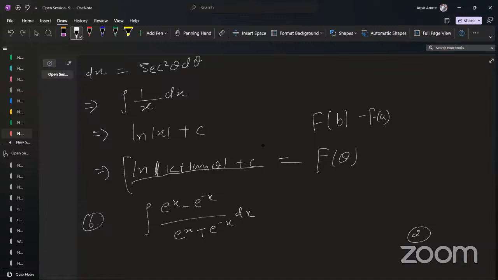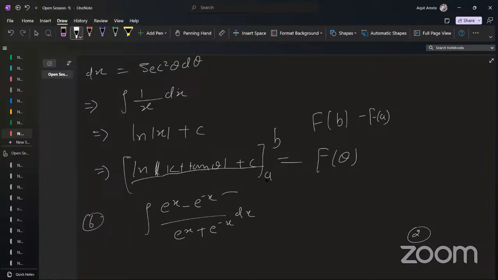Just apply the limits a to b. Put theta equals b and theta equals a. You will get your answer for the definite integral, right? So my main thing is finding the integral of this kind of equation. Once you get the integral, you just have to substitute the limits, right?